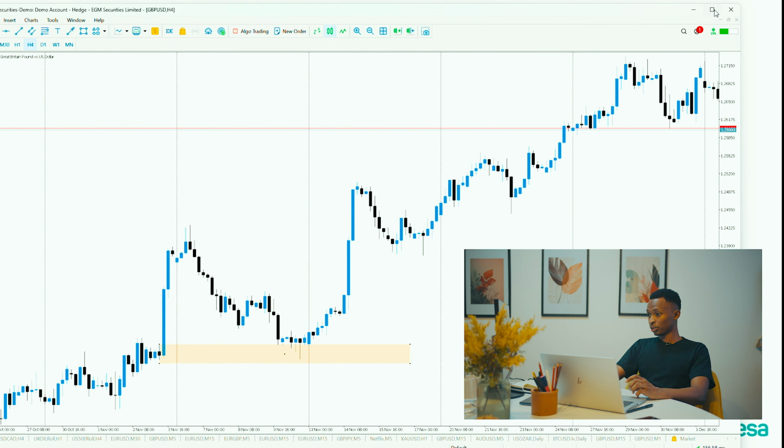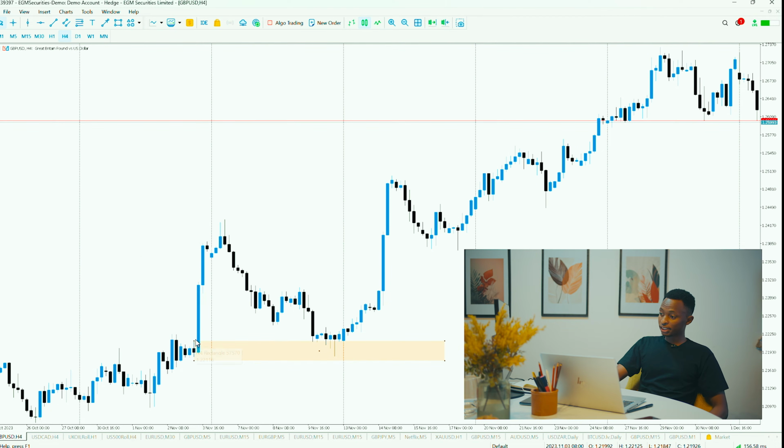If you look at a zone like that one, where we've identified the last down candle before that up move, you can see the range of that candle in comparison to this up move. This demand zone's range is significantly small as compared to the resulting up move. And that is one important thing you need to look at to validate either demand zones or supply zones.